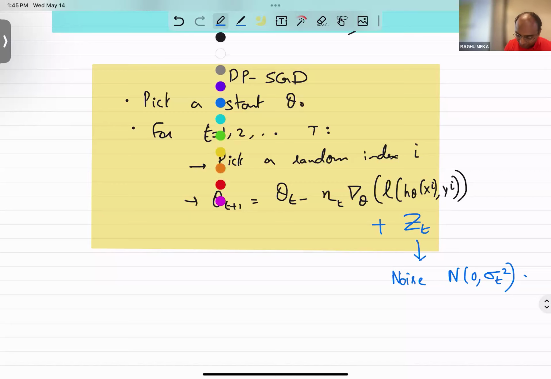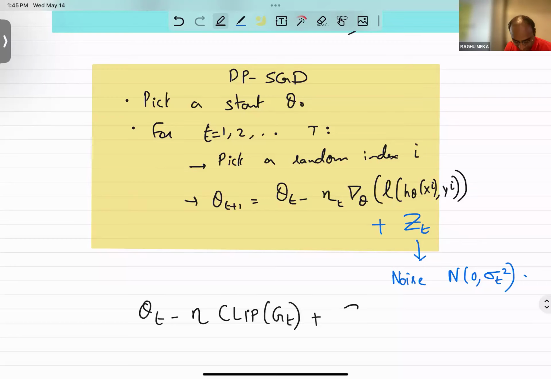Technically, you do something called clipping, which is important for privacy. So you clip the gradient estimator and then add the noise. So you clip the large values because otherwise the privacy gets violated.